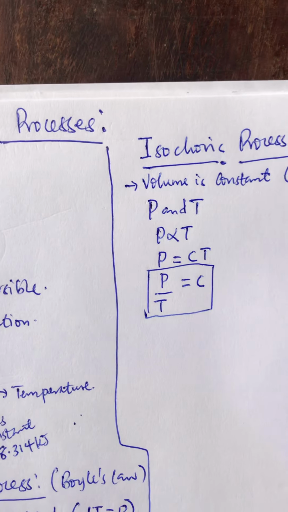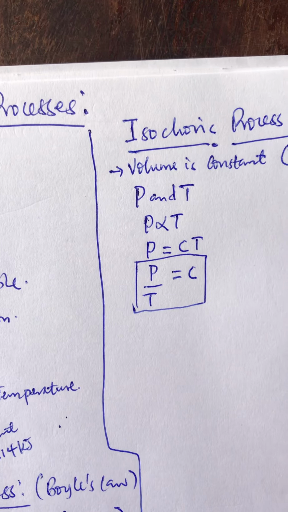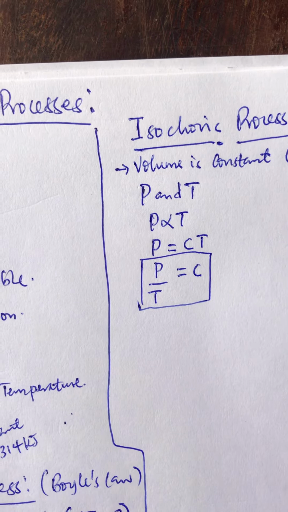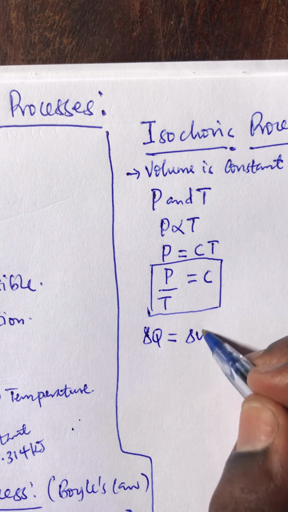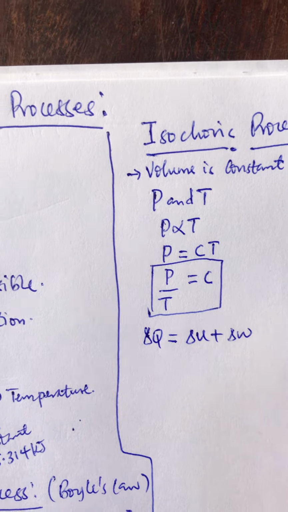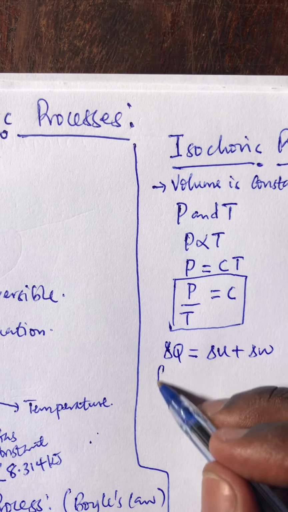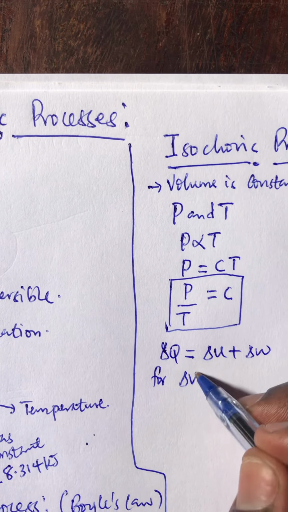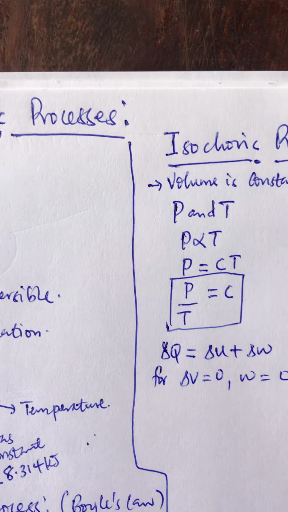You've seen that? Now from the first law, we know that the heat supplied is equal to the change in internal energy plus the change in work done. Now, for constant volume, the change in volume is equal to 0, so work done will also be 0.